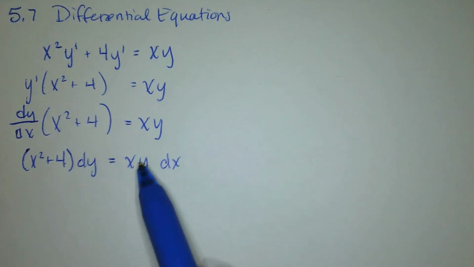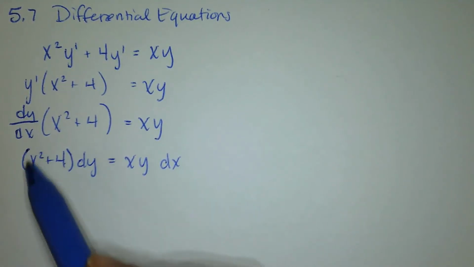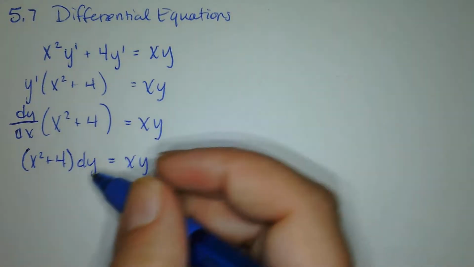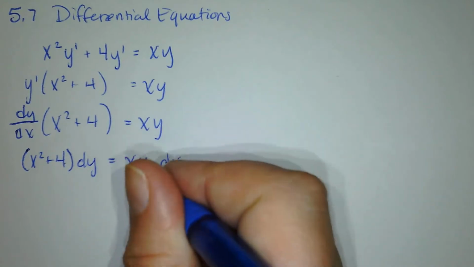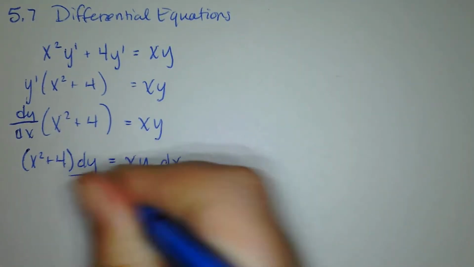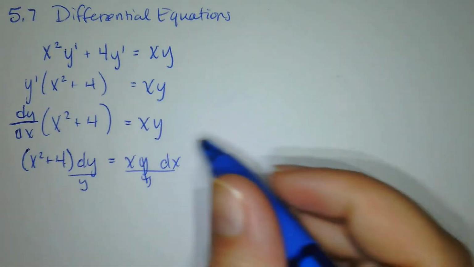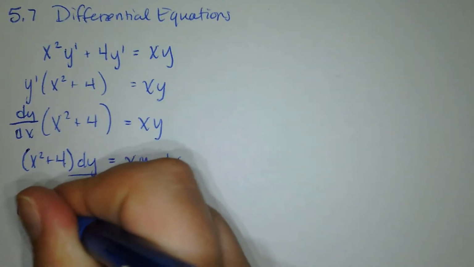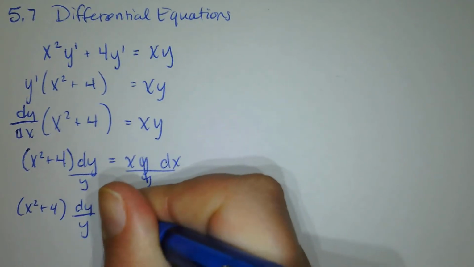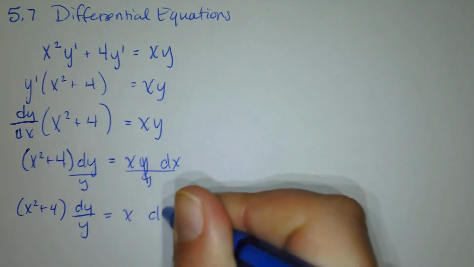So I need this x squared plus 4 to go to this side, and I need this y to go to that side. So I'm going to do some more dividing here. I'm going to divide by y on both sides. So, (x squared plus 4) dy over y equals x dx.